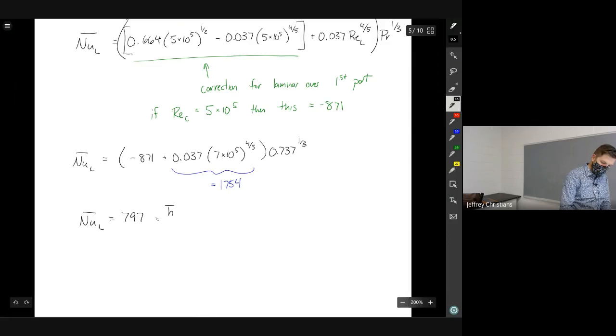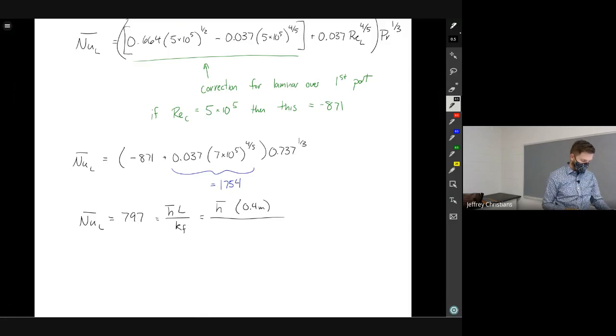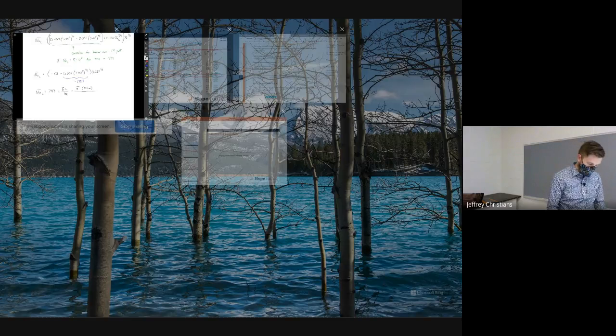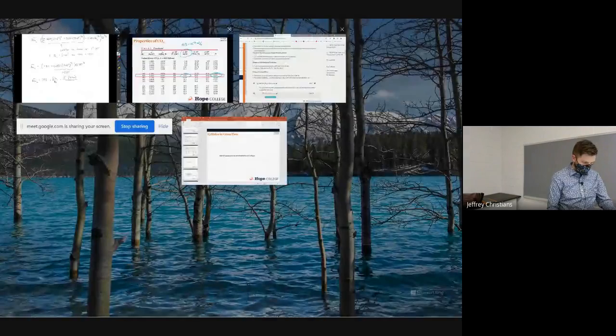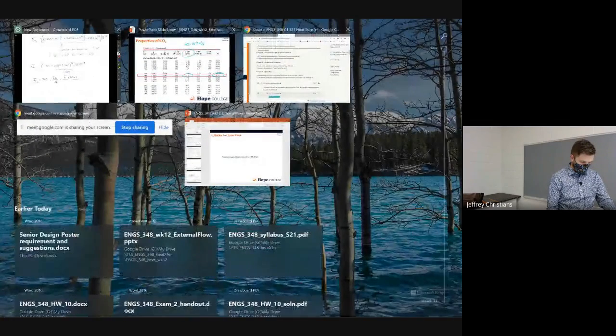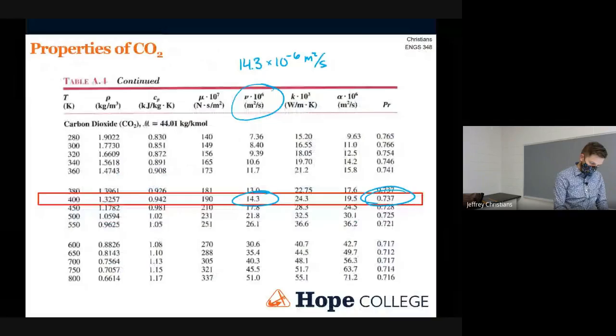which equals the average convection coefficient times L over k, which equals the average convection coefficient times 0.4 meters divided by the thermal conductivity of our fluid, which again, if we look it up, is 24.3 times 10 to the negative 3.